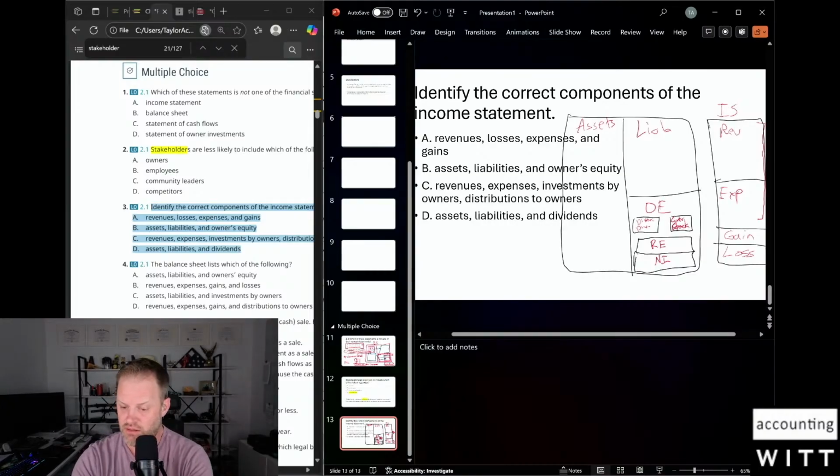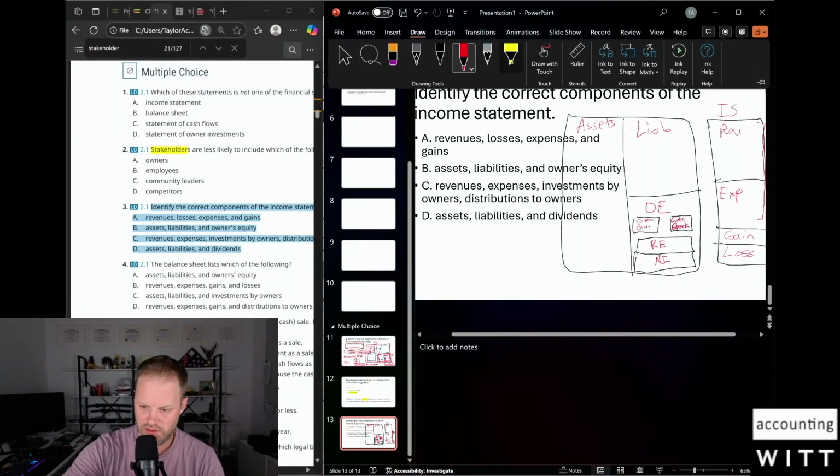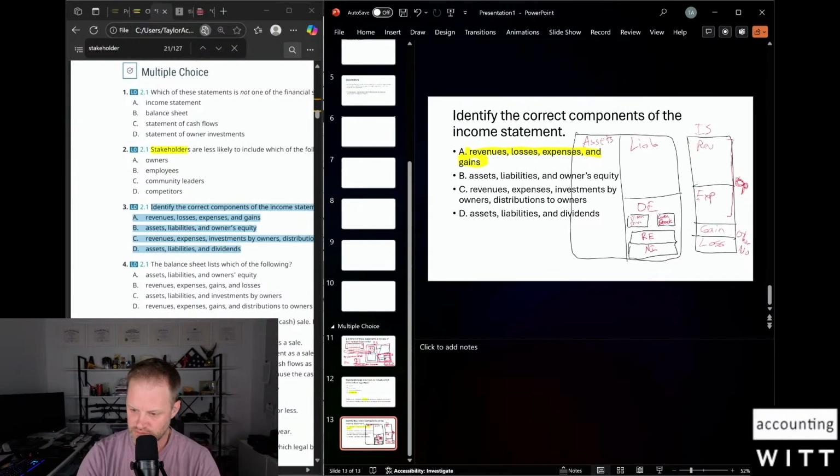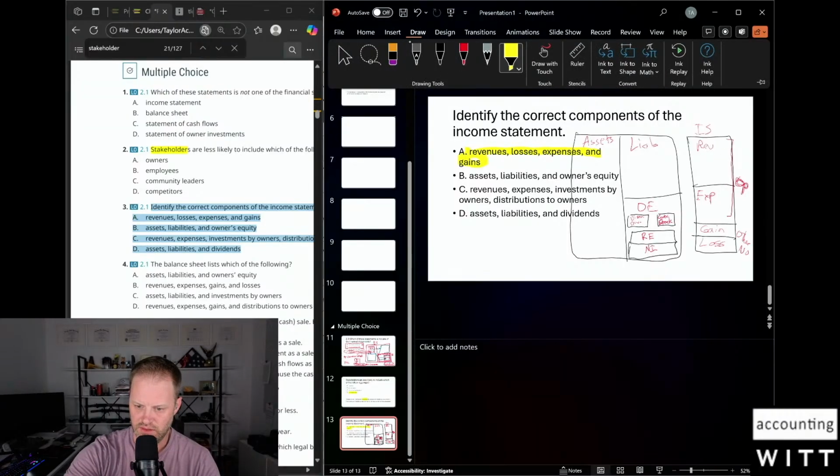So then D, assets, liabilities, and dividends. So that's all over the place. Anyways, so obviously the answer is A, because that's all the components of the income statement. All right, cool.